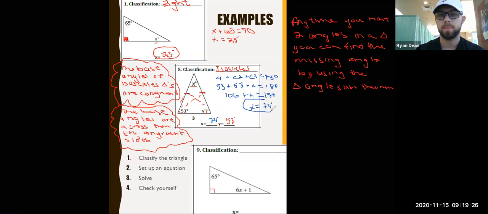We already classified this triangle by its sides, because of the congruent hash marks. Now we can go back and classify it by the angles.